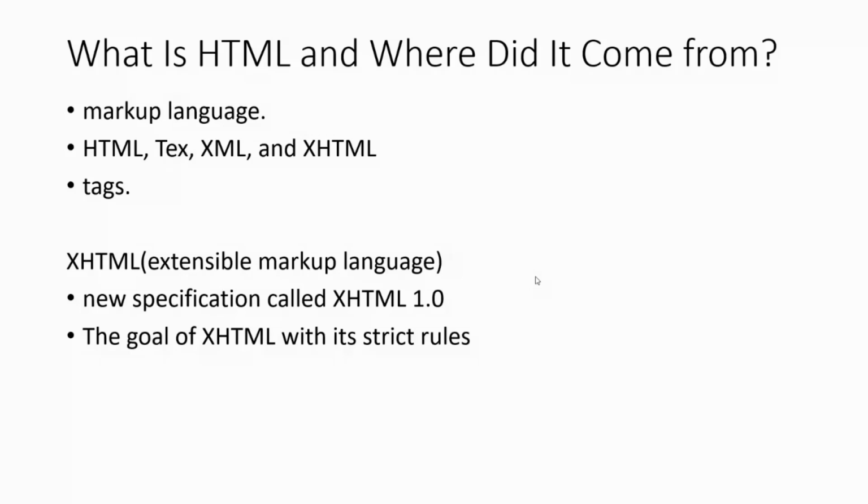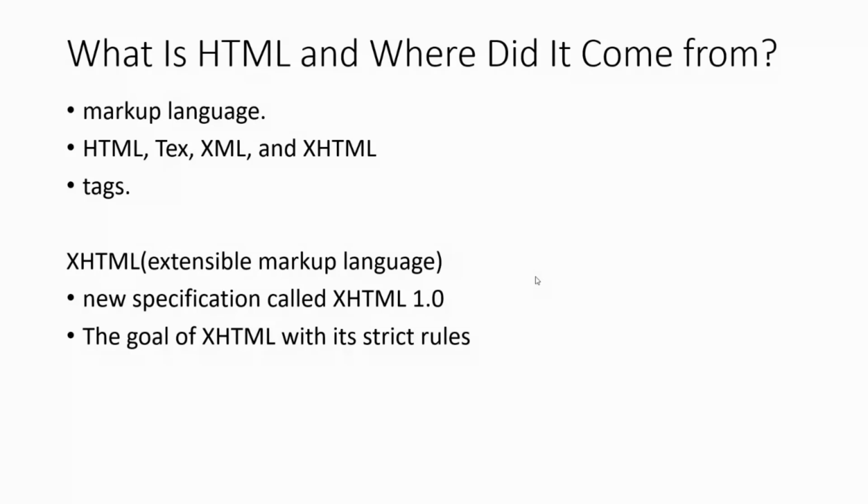Like in other programming languages, where keywords and built-in functions are all predefined and you cannot change those names, whatever names are already defined are the only ones you need to use. So in HTML and XHTML, only the predefined tags need to be used.